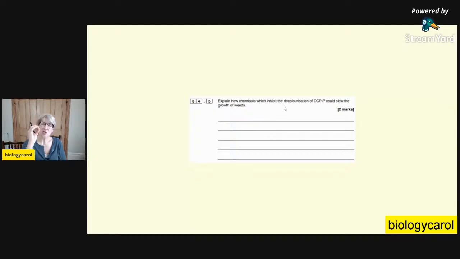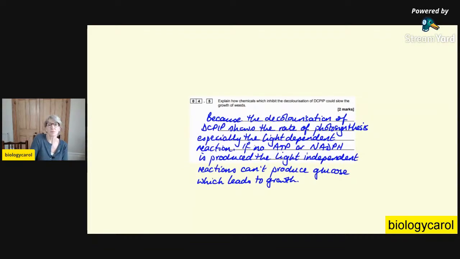The key for this question is to recognize that the electrons are being taken by the DCPIP from the light-dependent reaction. They're not going down the electron transport chain. And therefore, to get the 2nd mark, we're going into more detail about photosynthesis. Slows the rate of photosynthesis, especially in the light-dependent reaction.